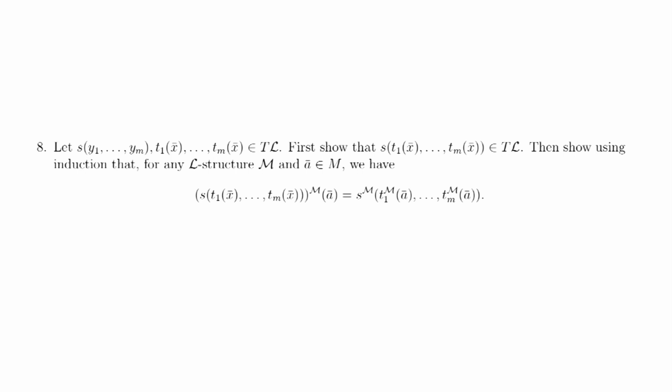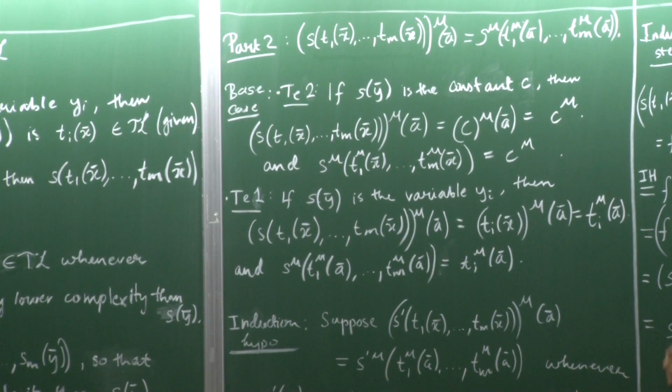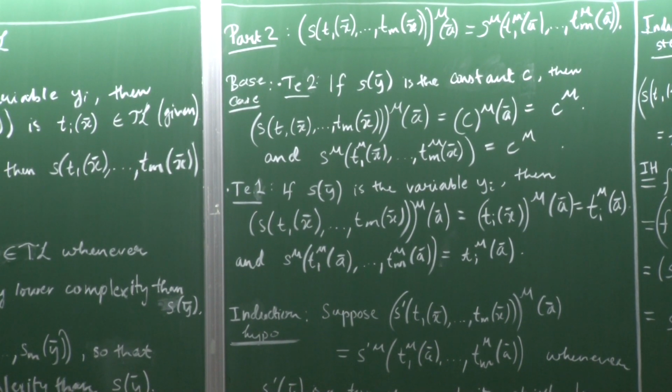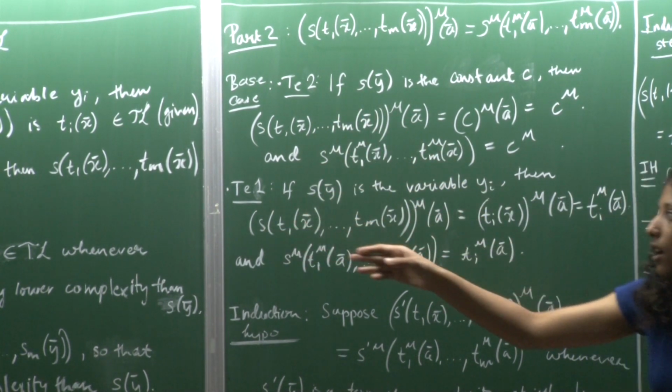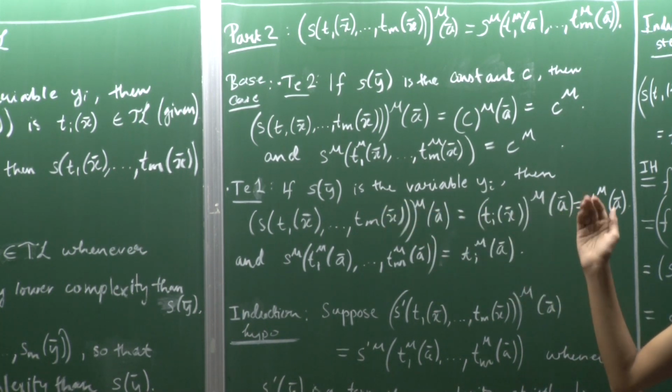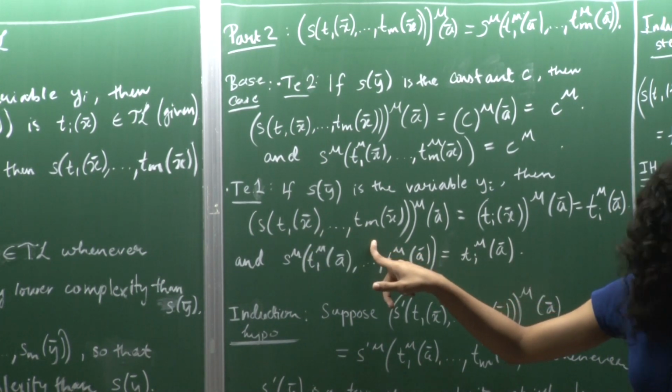The second part tells you to show that if you take this term, which we have just shown is a term, and you take the M interpretation of it and operate it on A bar, then you get this right-hand term. Again, the base case: I've switched the order of TE2 and TE1, so let's do TE1 first. If Sy bar is the variable yi, then again this is a projection.